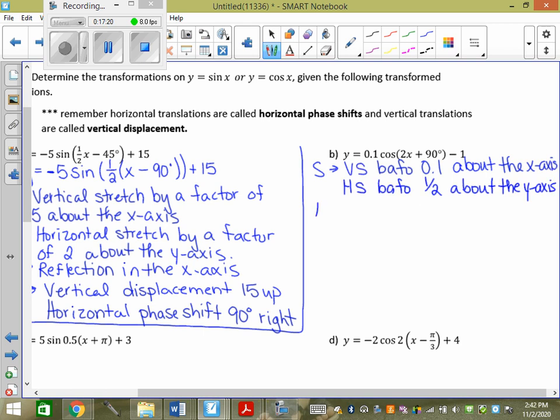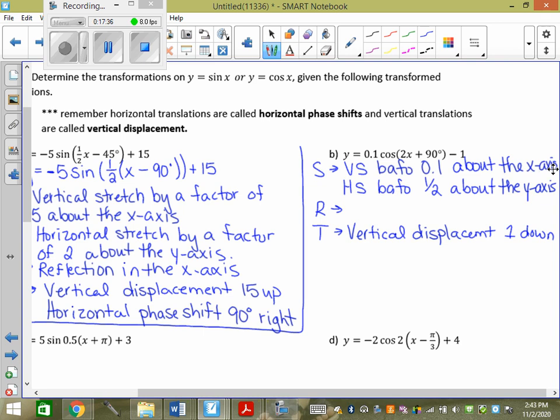We have no reflections because nothing is negative. I have a vertical displacement one down. And then people will write horizontal phase shift 90 left.